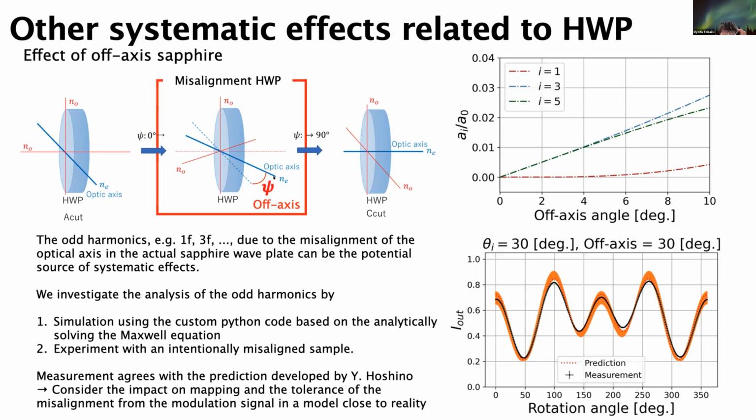We have developed an analytical method to model the misalignment of the half-wave plate. This is the measurement of the misaligned half-wave plate with an off-axis angle of 30 degrees, and the measurement is consistent with the calculation. So we can say that this method can be useful for the evaluation of the misaligned half-wave plate.